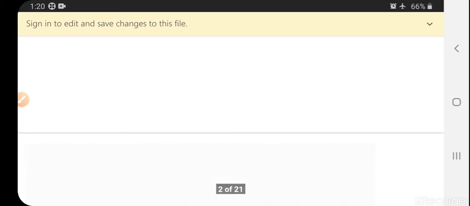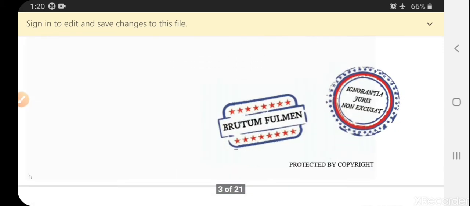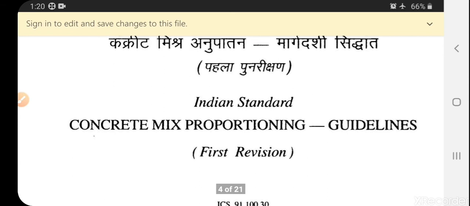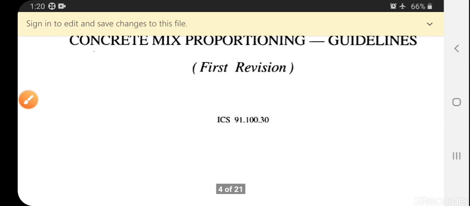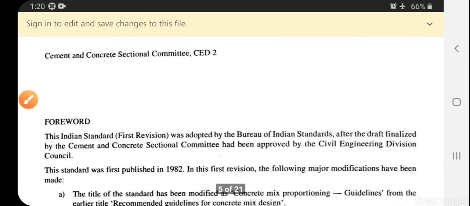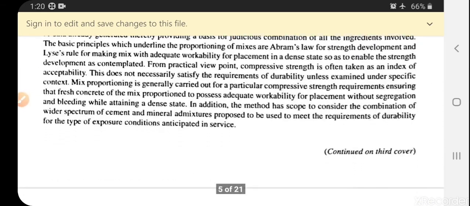So first thing, concrete mix proportioning and guidelines. The code name is concrete mix proportioning guidelines. This is completely designed by the Indian Standard Code of Practice, and the name is IS 10262:2009.